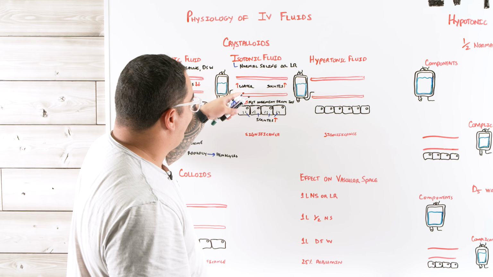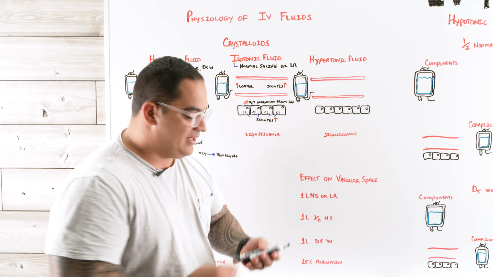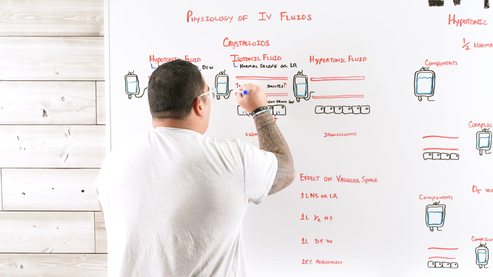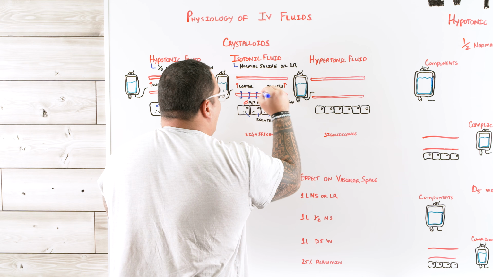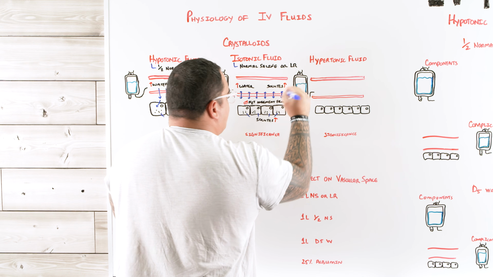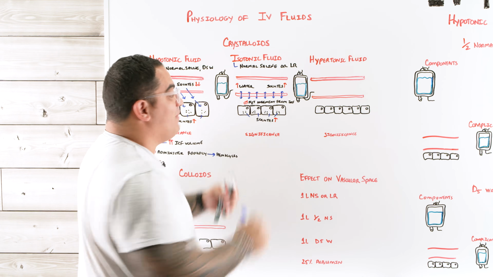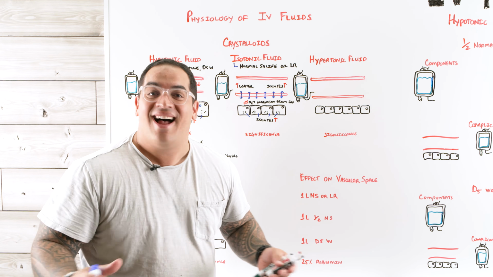The significance of that is that most of this stays here in the extracellular space, but it can also move a little bit between these two areas, but this is still staying in the extracellular space, because again, your extracellular space is your vascular space and your interstitial fluid, but no net movement is occurring from the intracellular space. So you're having no effect on the cell size.